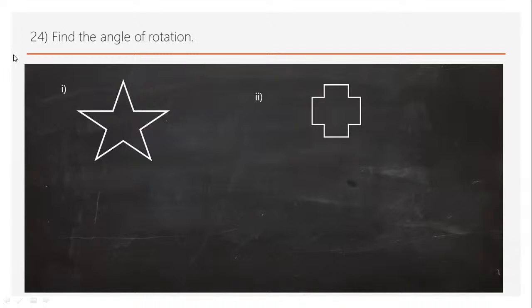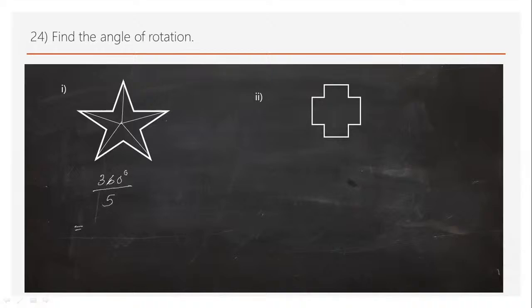Find the angle of rotation. You know, the angles at a point make 360. We already learned how to find the angle of rotation. How many times does it coincide? That is 5 times: 1, 2, 3, 4, 5. So we can find the angle of rotation: 360 divided by 5.